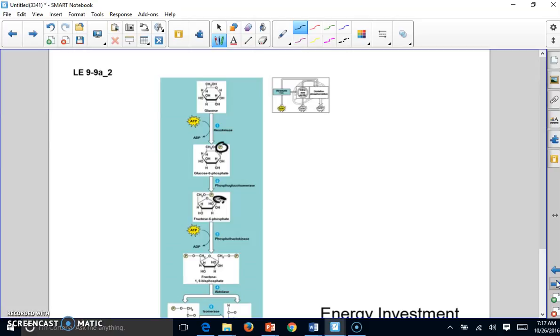Essentially we take glucose 6-phosphate, rearrange the atoms, and make fructose 6-phosphate. Again, you don't need to memorize the step, but it's a rearrangement. Then we use another ATP to add another phosphate group. So now this molecule has 2 phosphate groups, and we've used 2 ATP at this point.